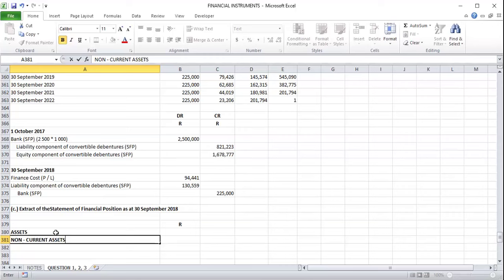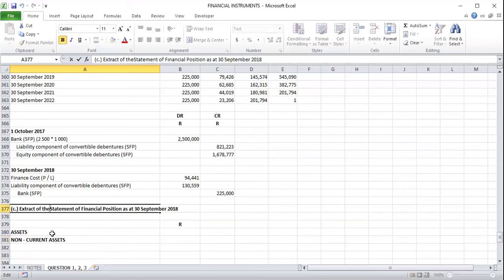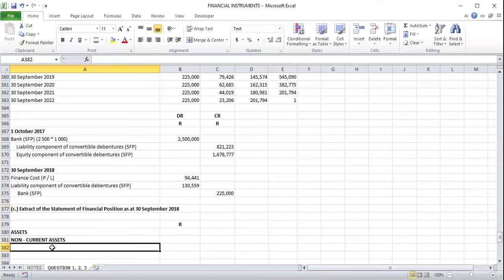If we've elected to measure it at fair value through profit or loss, it will be shown under current assets. If we elect to measure through other comprehensive income, it will be under non-current assets. Then if it's at amortized cost, there will be current and non-current.